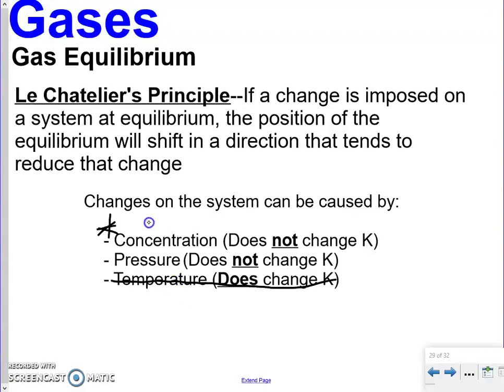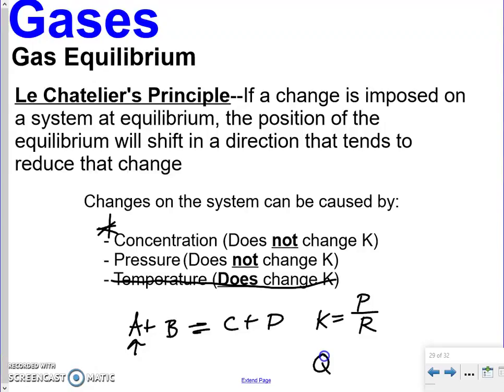So let's talk about concentration. Let's review that. If I have a reaction, A plus B going to C plus D, and it's already at equilibrium, the ratio of products to reactants is equaling K. If I go in here and increase A, I am no longer technically at K anymore.